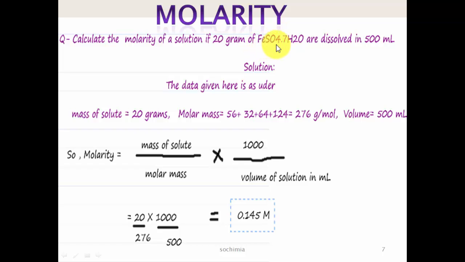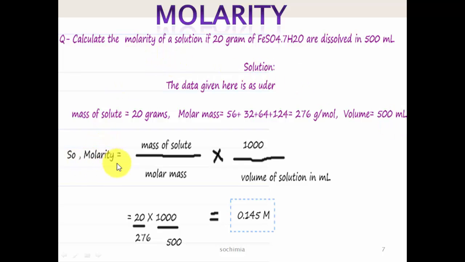The compound is given here, FeSO4.7H2O, and the mass of solute is 20 grams. The molar mass is computed here as 276 gram per mole, and volume is 500 ml. What we need to calculate here is the molarity.